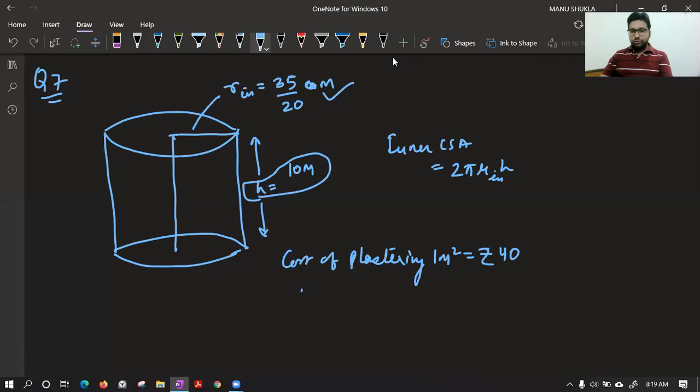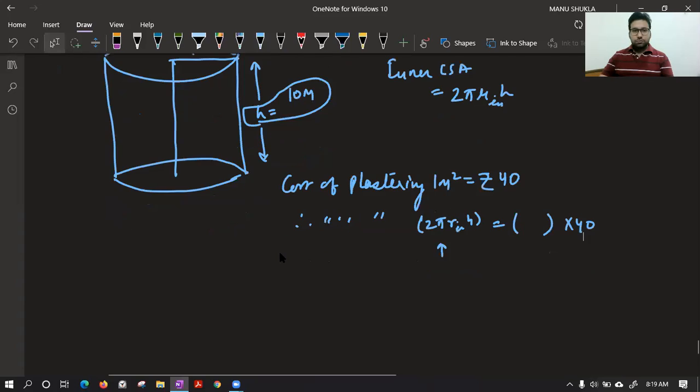So you will write, therefore, cost of plastering that much area that we have found, 2 pi r h, you will get a value, and this is equal to this into 40. That's it. So this is also very easy. You just need to put the values and check your answer at the back. If anything is wrong, you can ask me.